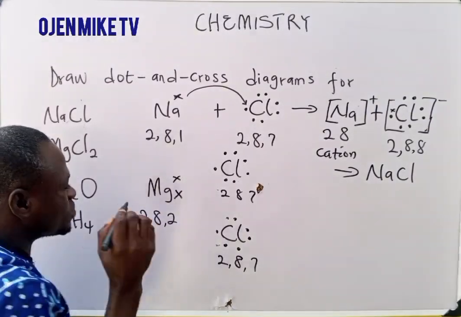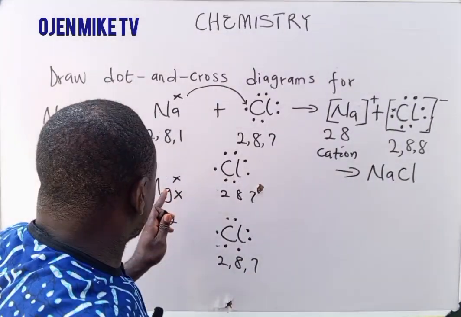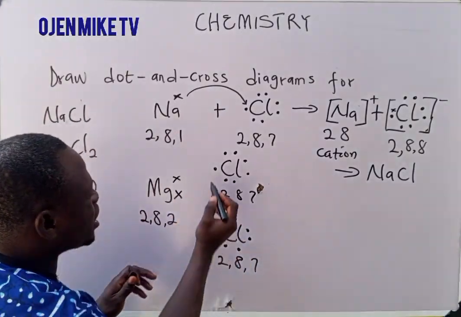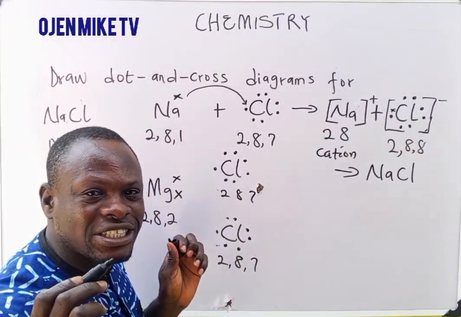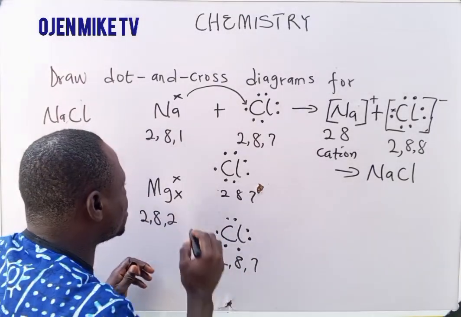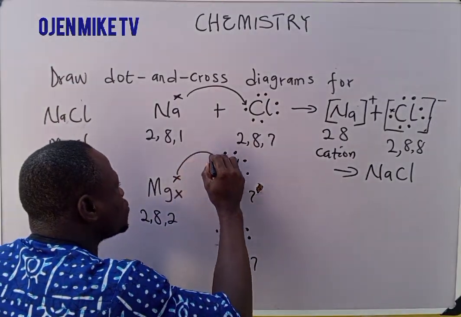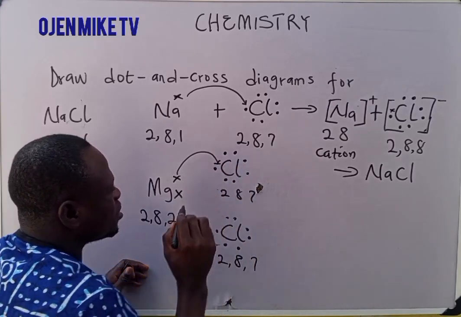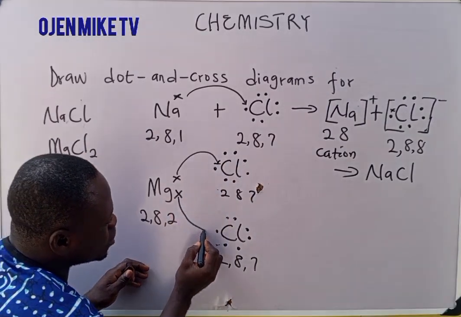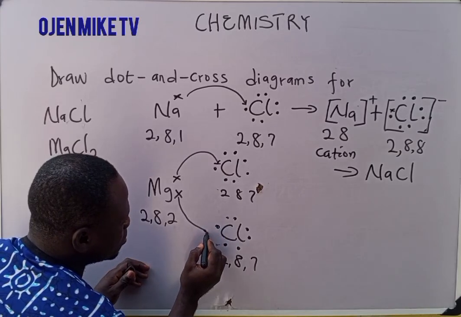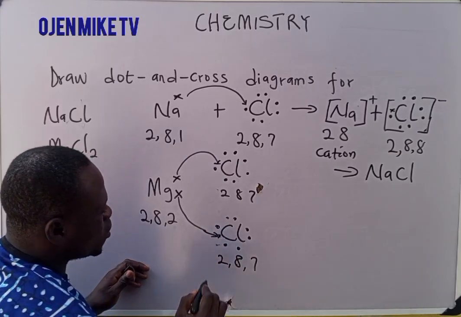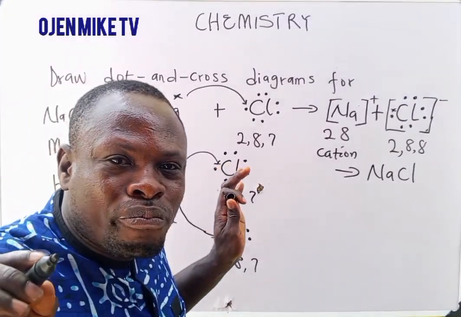Do you get that? Now, this chlorine needs 1 to complete. This one also needs 1 to complete. So magnesium will give this 1 to this chlorine, and this 1 to the other, so that the chlorines will now be balanced.